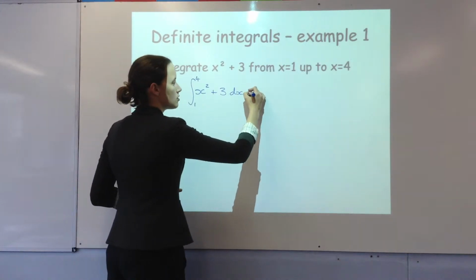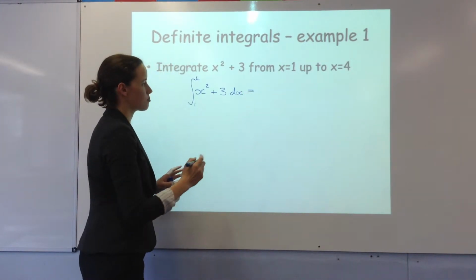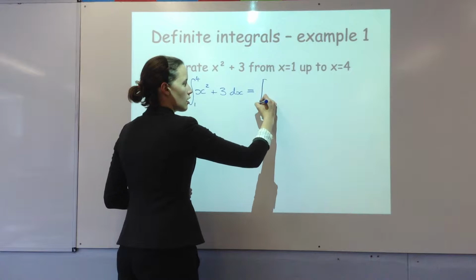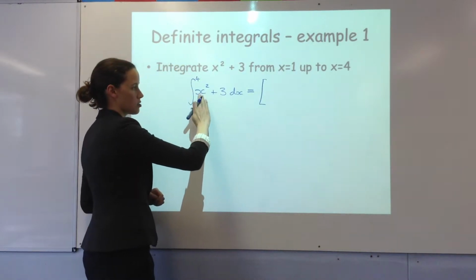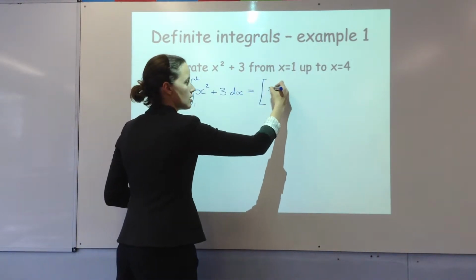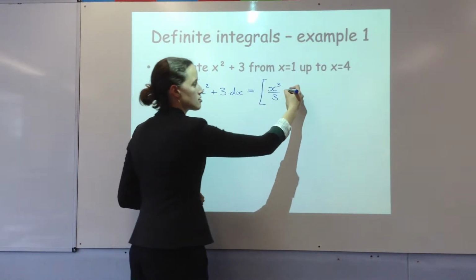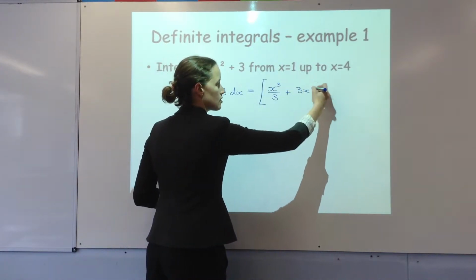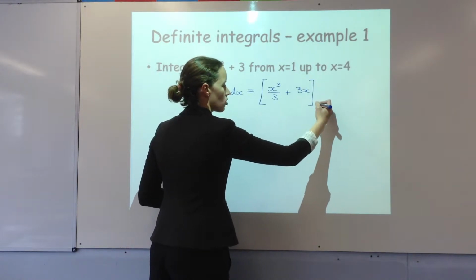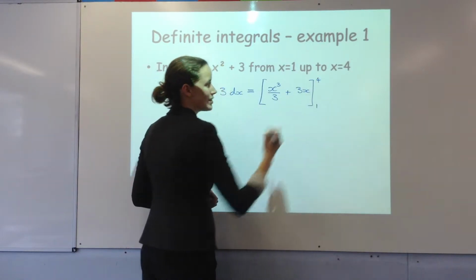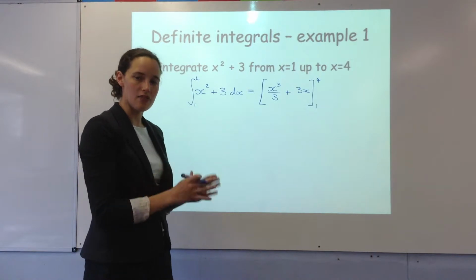What we do is first of all just the same thing as before. I'm going to put the answer in square brackets. When I integrate this, I'm going to get x to the power of 3 over 3 plus 3x. Now you see, instead of having the constant, I don't need it anymore because it is a definite integral.